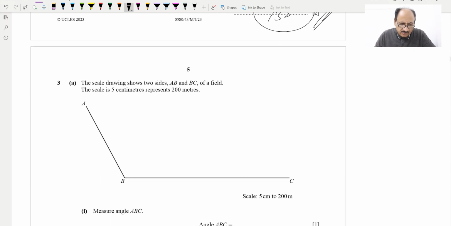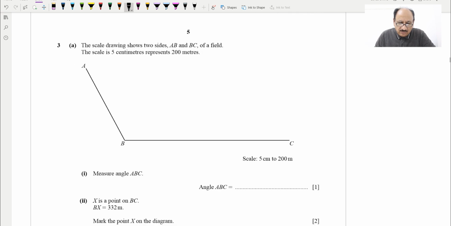Hopefully you understood this. Now here comes question number 3. The scale drawing shows two sides, AB and BC. The scale is 5 centimeters represents 200 meters.